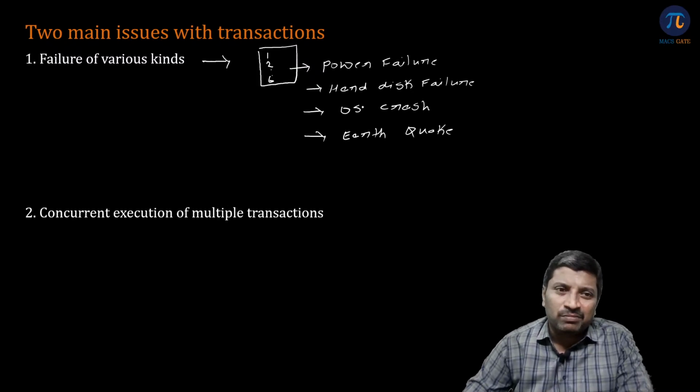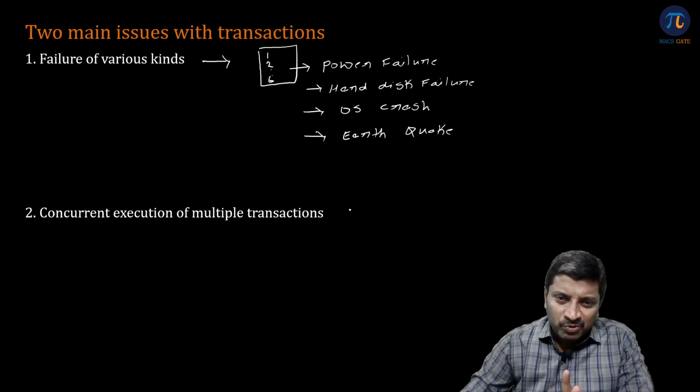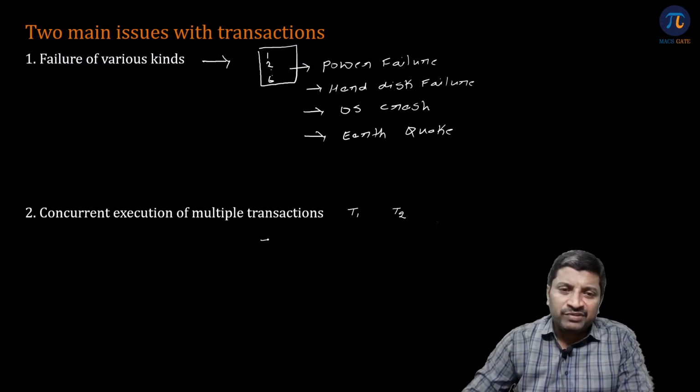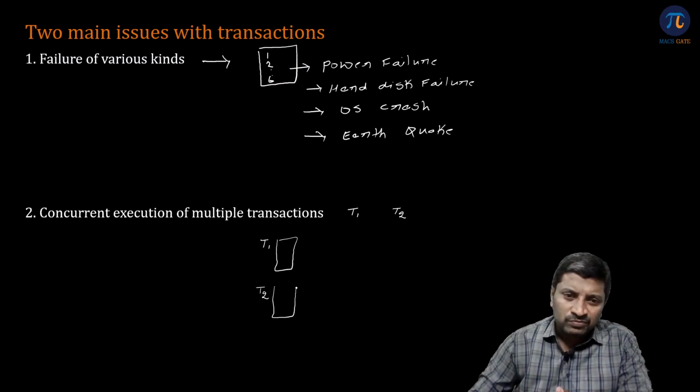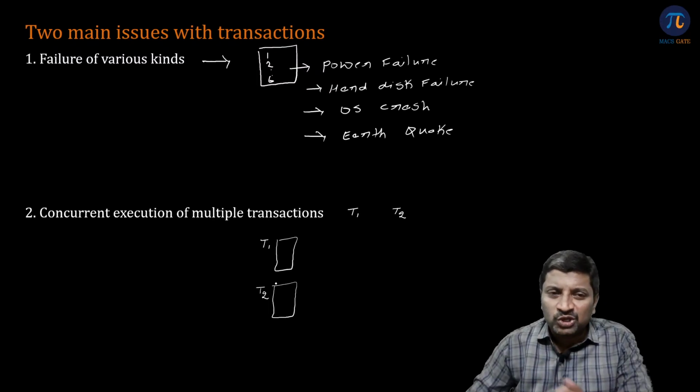The second problem is concurrent execution of multiple transactions. What does it mean? Suppose this is my transaction 1 and this is my transaction 2. If we start transaction 1, and after its completion we start transaction 2, then there is no issue at all.